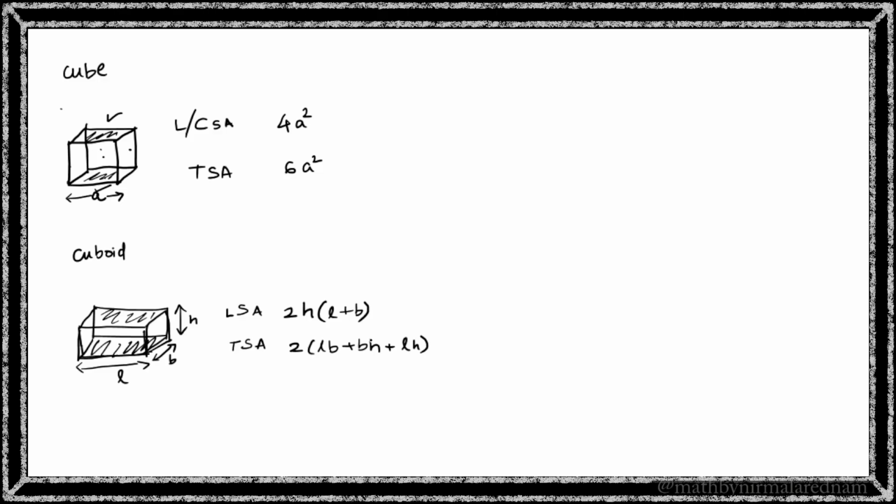Now we will move on to the curved surfaces that we have in cylinder, cone and hemisphere. So next, let's look at a cylinder. Okay, cylinder, you have a curved surface for the lateral part, and we are usually looking at circular cylinders, so the base and the top are going to be circular in shape.